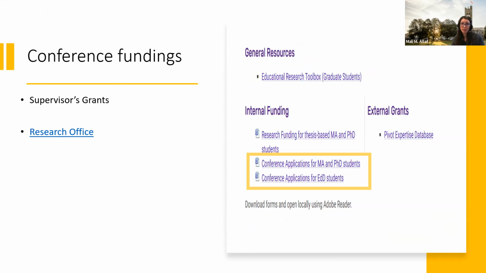When I was a grad student, before attending any conferences, I usually reached out to my supervisor and said, okay, that's a conference that we would like to attend. What do you think about it, based on the number of presenters, based on the speakers that are going to be in that conference, and also about the funding?